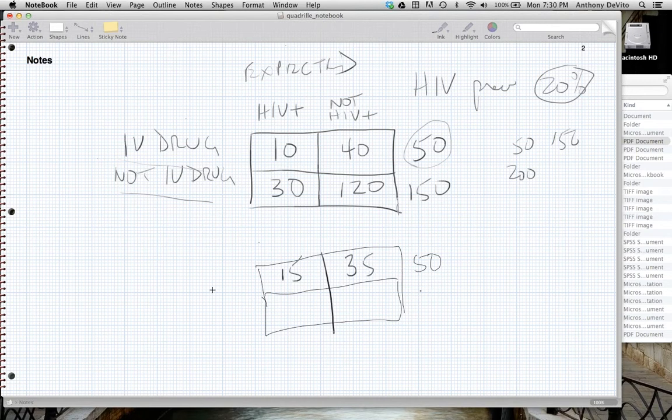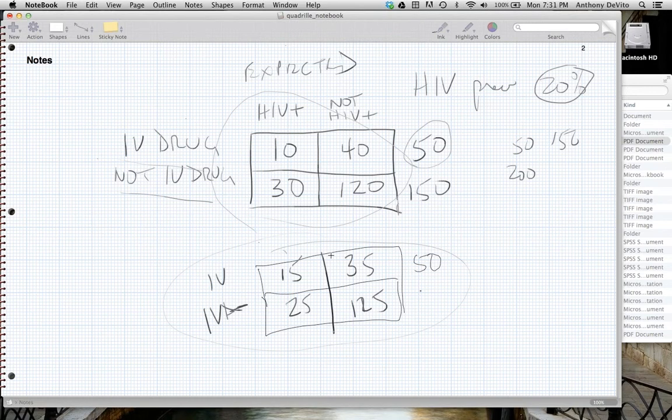And among my non-IV drug users, I find that 25 of them are HIV positive and 125 are not. So there's a difference here, isn't there? This is different than what my expected values were.